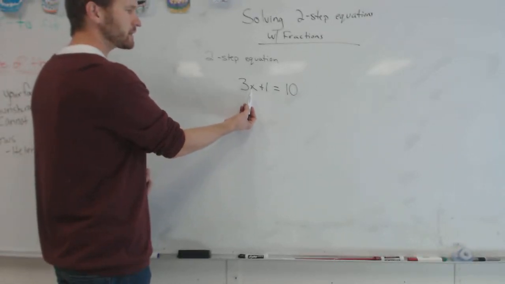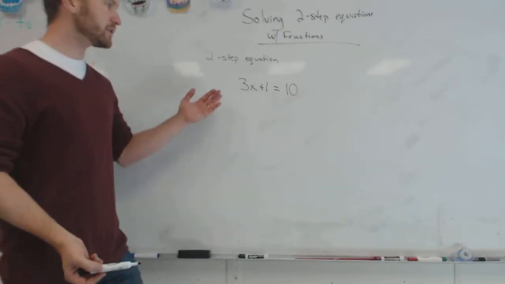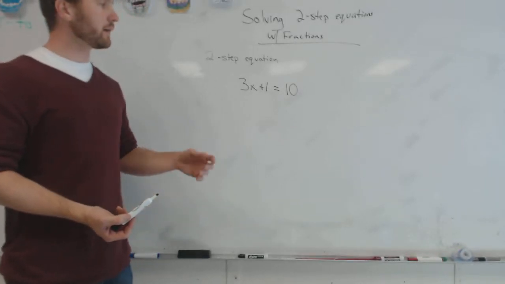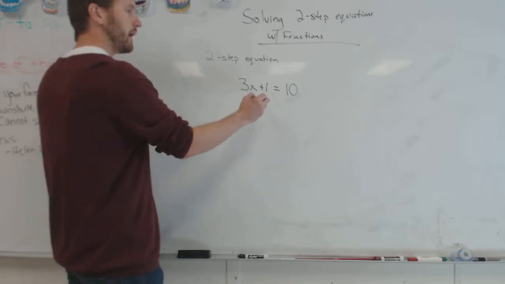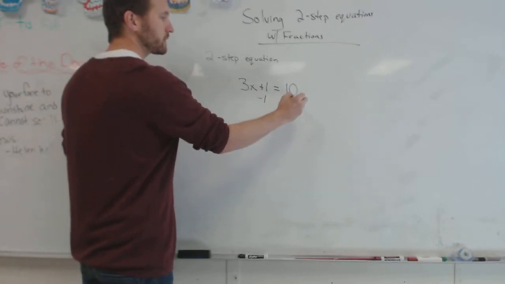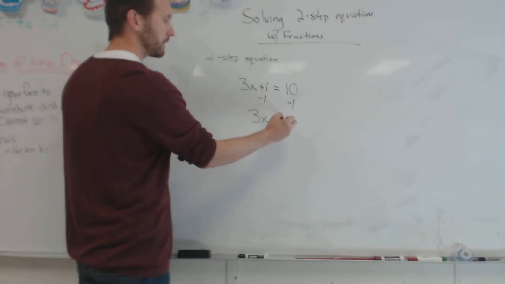The reason we call that a two-step equation is because I can't get x all by itself by just doing one thing. I can't just divide by 3 and get my answer, right? What do I have to do first in this equation to solve for x? I have to subtract the 1 from both sides, and then I have 3x equals 9.